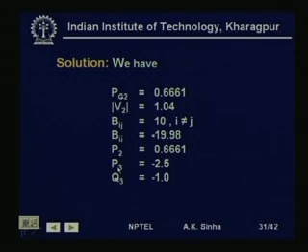P3 is Pg3 minus Pd3. So, Pg3 is 0, Pd3 is 2.5, so P3 is equal to minus 2.5. Similarly, Q3 is equal to Qg3 minus Qd3. Qg3 is 0 and Qd3 is 1.0. So, Q3 is equal to 0 minus 1.0, which is minus 1.0.